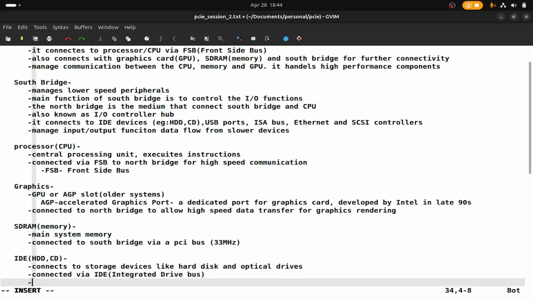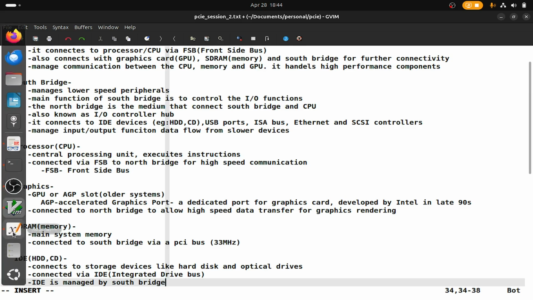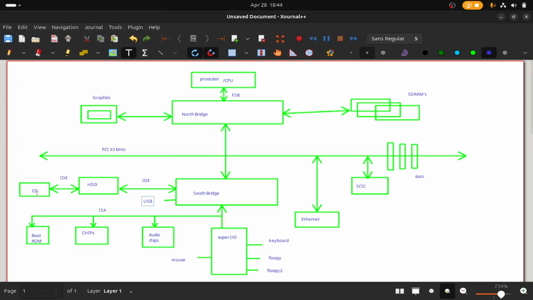Next point is IDE is managed by Southbridge. Fine. Now, again, coming to the main diagram, here you can see some CD, HDD, these blocks are connected via IDE bus towards the Southbridge. Fine.